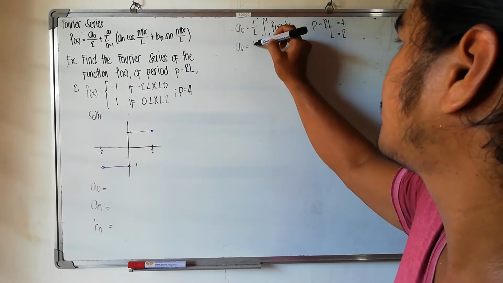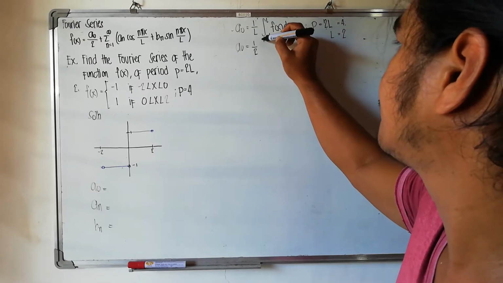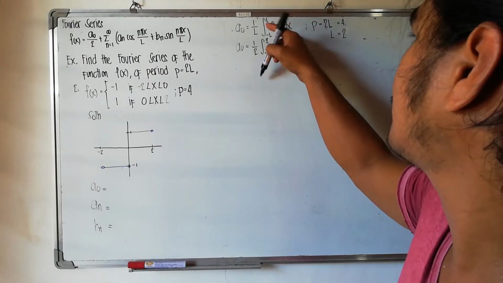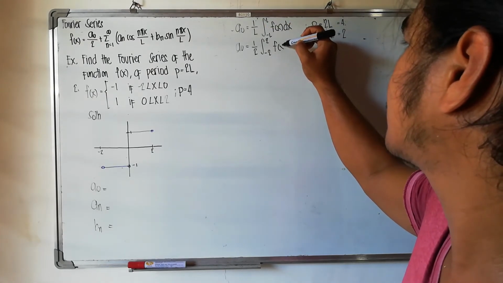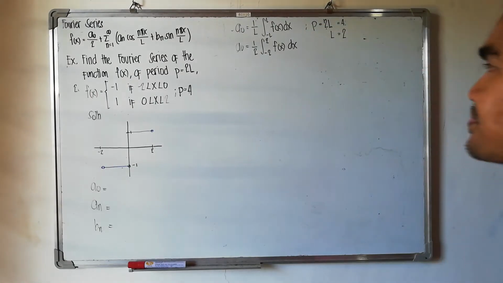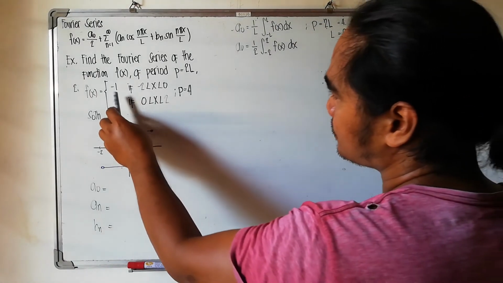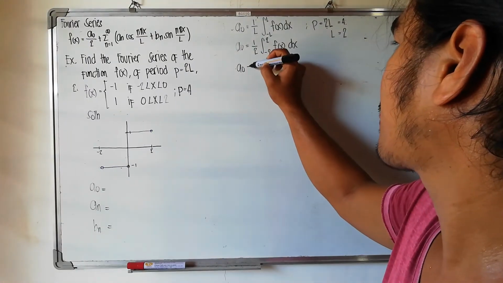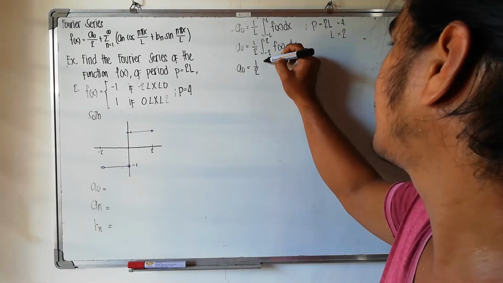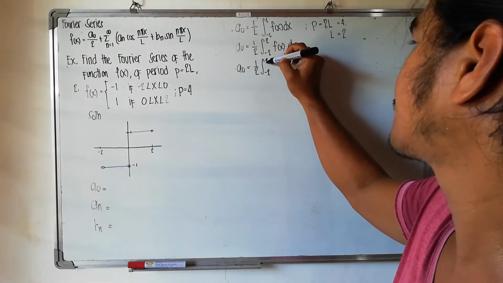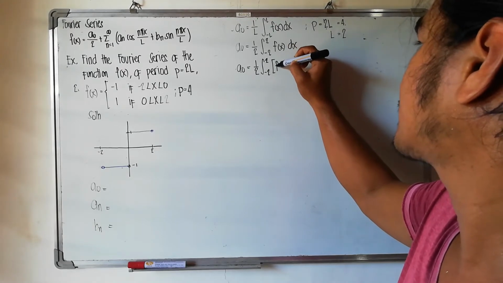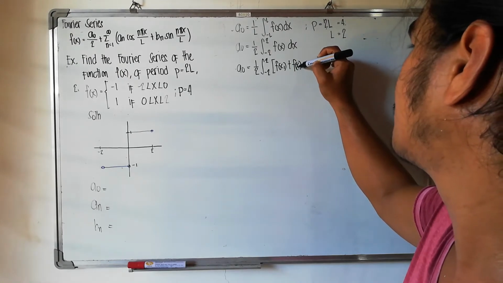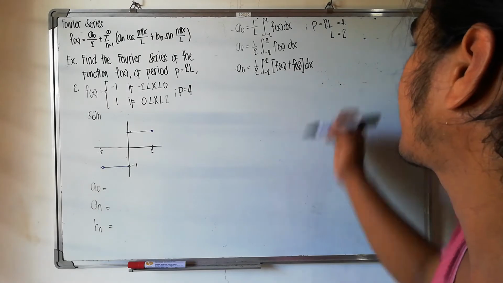So your a sub o would be equal to 1/2 integral of -2 to 2, which is your L, f of x dx. But your function is a piecewise function having two equations. So that would be your a sub o is equal to 1/2 integral of -2 to 2 of f of x sub 1 plus f of x sub 2 dx.